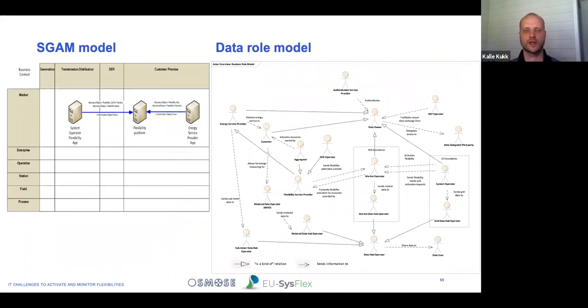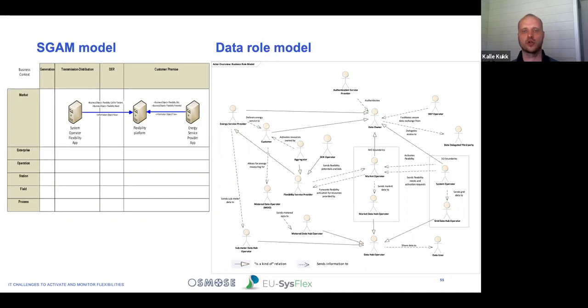So these are just some snapshots of what we have done and what we have also published already. On the right side is the paper on the role model. Based on the use cases, we identified many roles. We mapped them to the harmonized role model. So we took it as a kind of reference model, and I think it's always useful to have a jointly agreed reference model against which we can all map our findings, so that indeed all our projects, but also beyond the projects, the way of working and the results are really comparable.